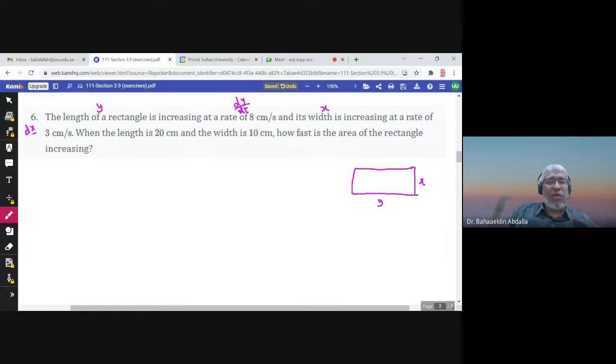So this is dx by dt. When the length is 20, so this is y, and the width is 10, so this is x. How fast is the area of the rectangle increasing? So he's asking about dA by dt when x is 10 and y is 20.